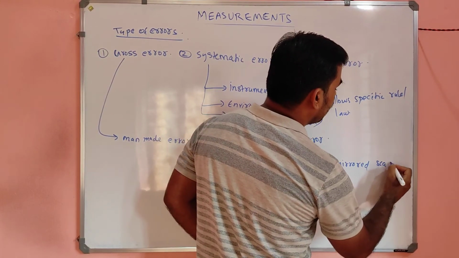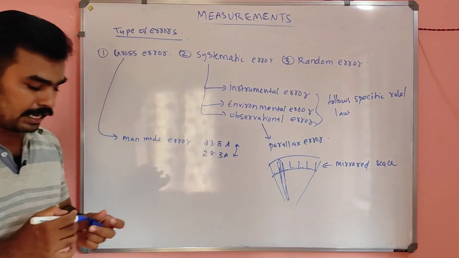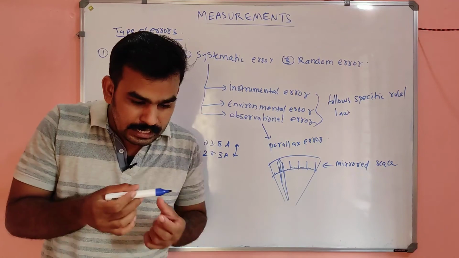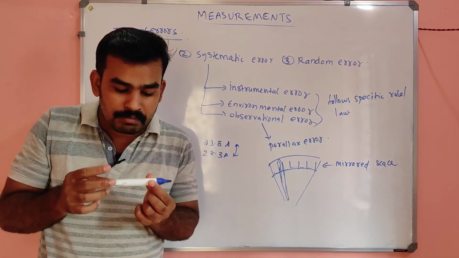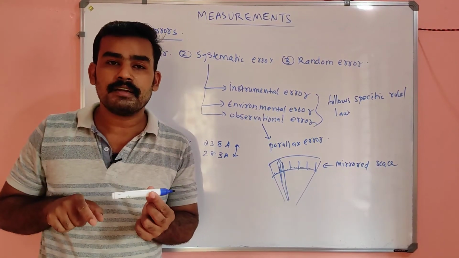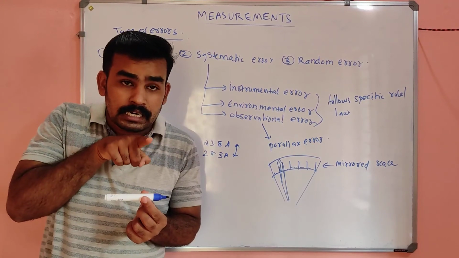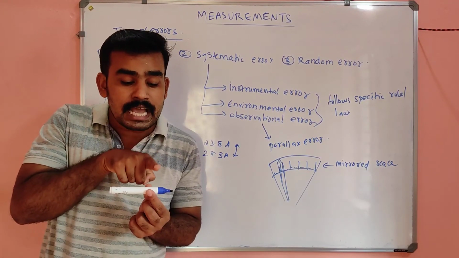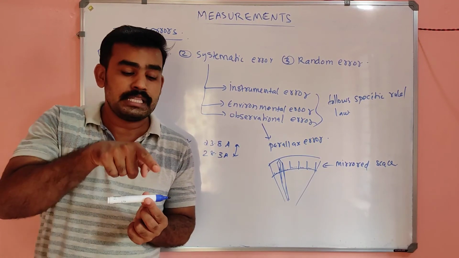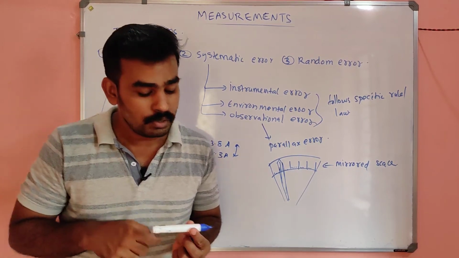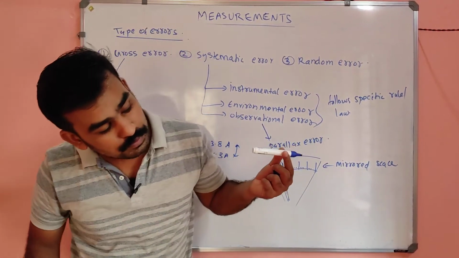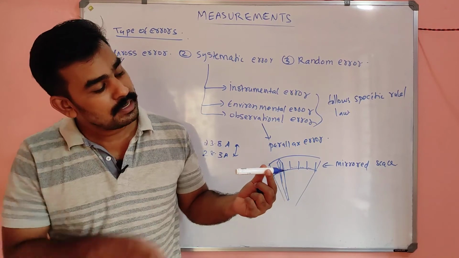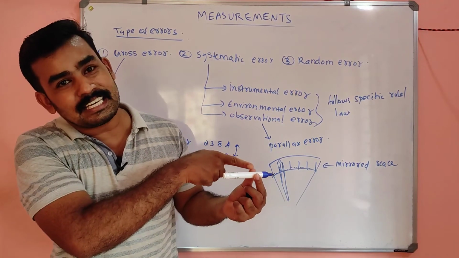Mirrored scale means beneath or on the side of the scale there will be a mirror, so that the needle reflection will be exactly on the mirror. So even if you look from this side, the reflection gives the correct value.